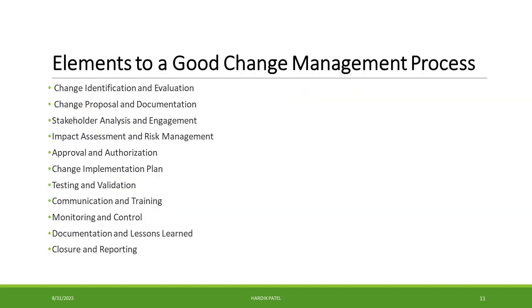Let's discuss the elements involved in a good change management process. Change identification and evaluation. Change proposal and documentation. Stakeholder analysis and engagement. Impact assessment and risk management. Approval and authorization.